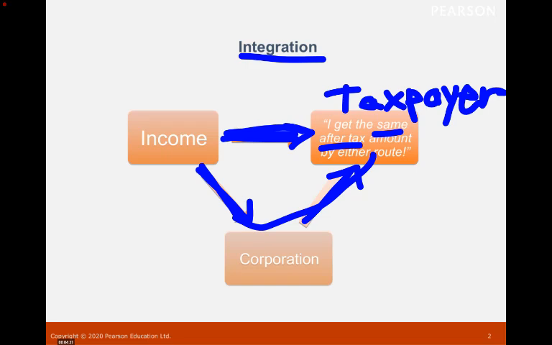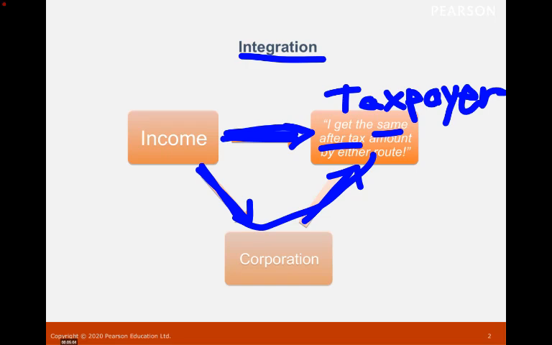One of the big things with this integration is the timing of the income. We learned back in Tax 1 when income is earned straight through, say, employment, things like that, it gets taxed right away when you receive it. If the income comes into a corporation first, we have to pay corporate tax, but we don't pay the personal tax until it's then paid to the taxpayer. So we could find a timing difference.